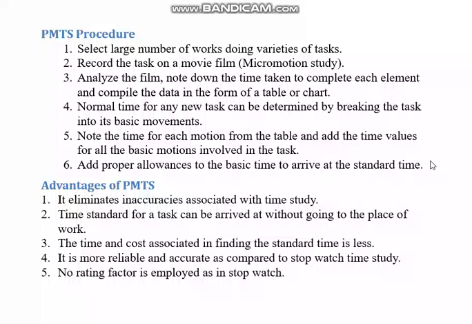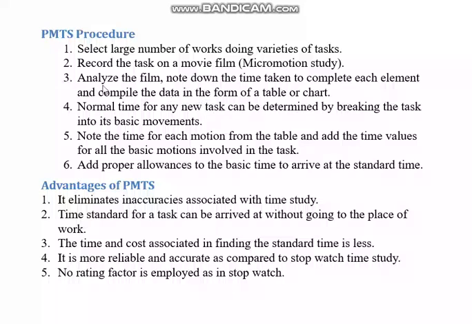Ultimately what we are saying is, in analytical estimating, you take the times from experience, or from synthetic data. Here, with the help of the movie films in the micro motion study, the timings are taken.